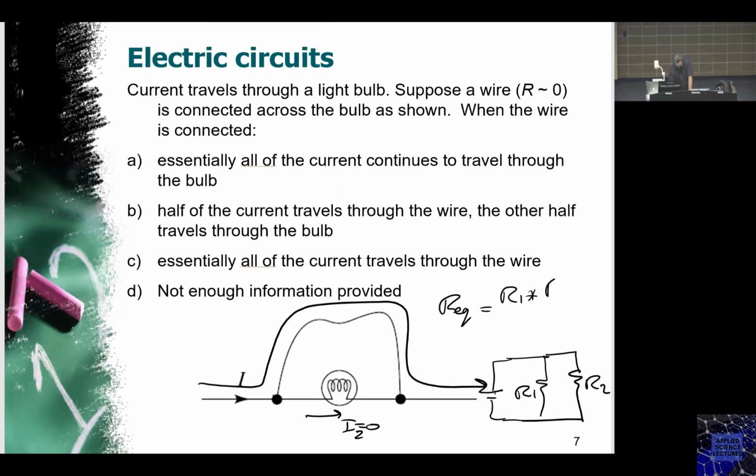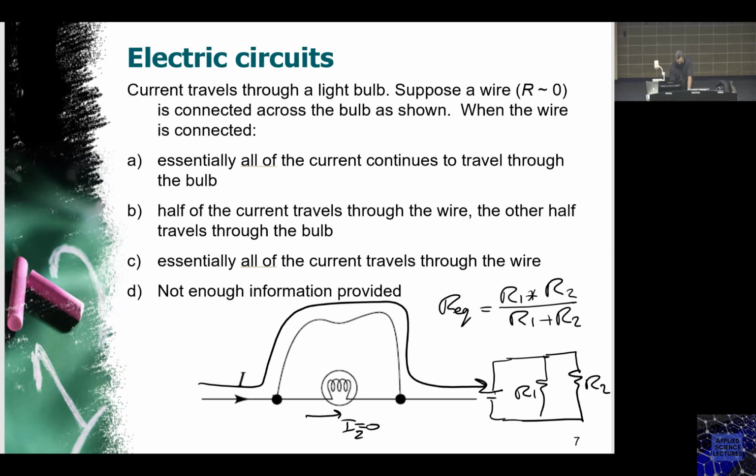So in this case, this is going to be R1 R2 divided by R1 plus R2. This case is for two resistors that are connected in parallel. You can use this expression right away. If you have more than two resistors, then you have to use the general expression.